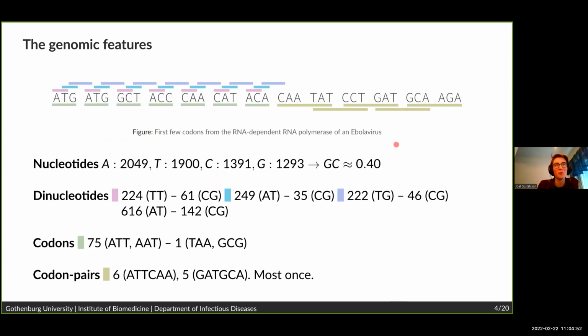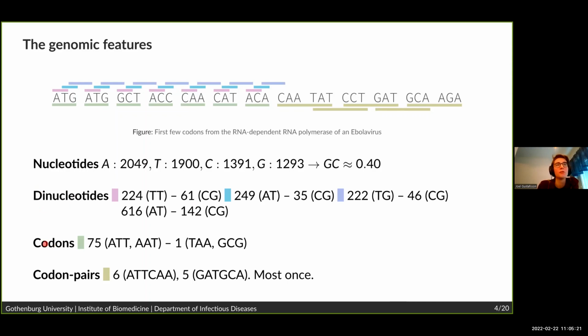This is just one example where we have a GC content of 0.4. Dinucleotides have also been shown to have some importance for viruses in evading hosts' immune responses, but also perhaps for other reasons. And this has been shown to be very specific across a lot of different organisms, the dinucleotide usage.